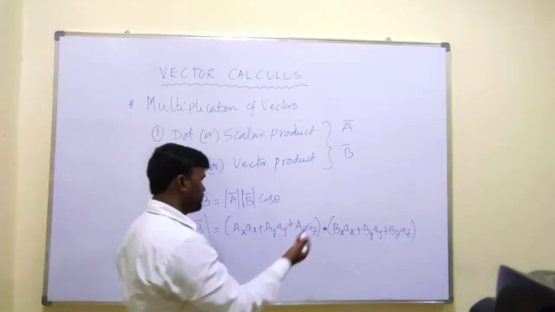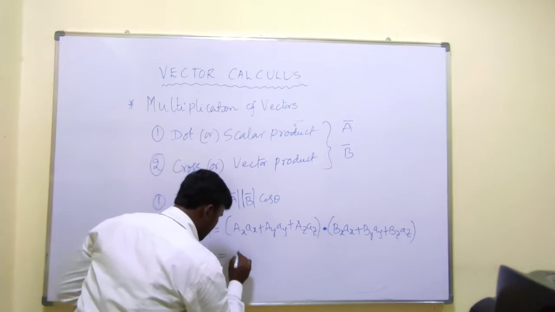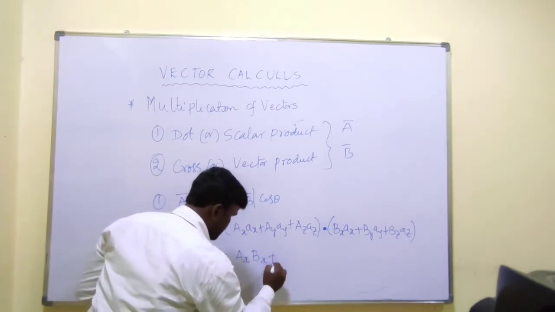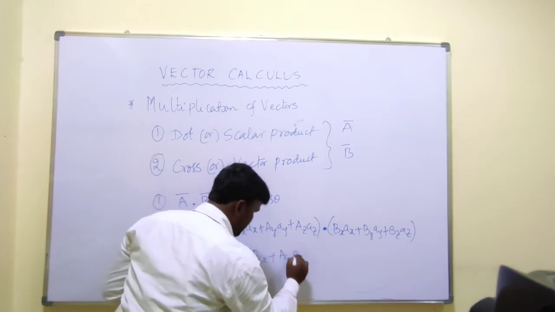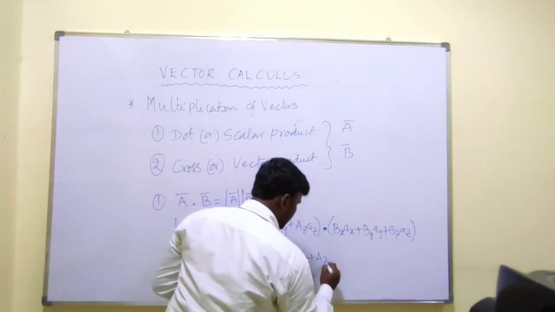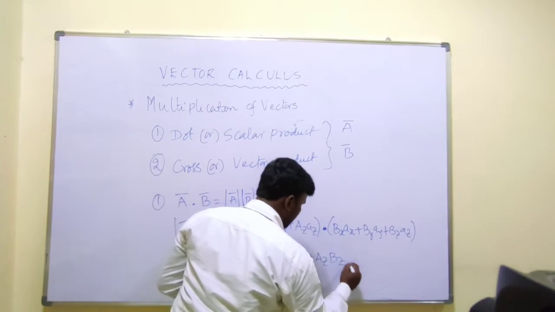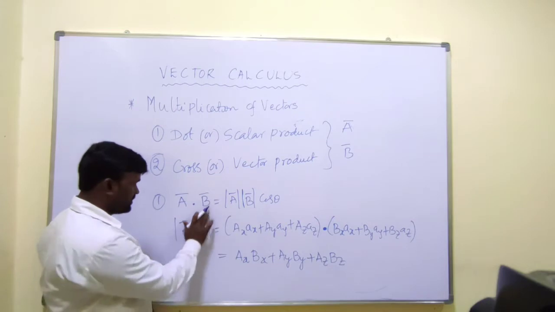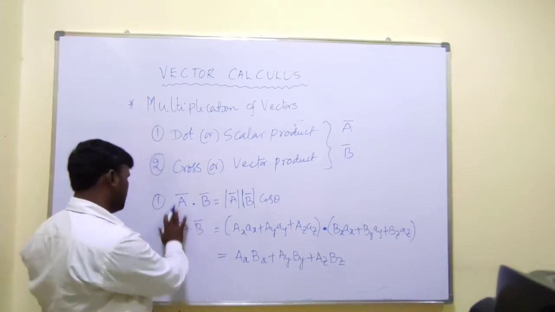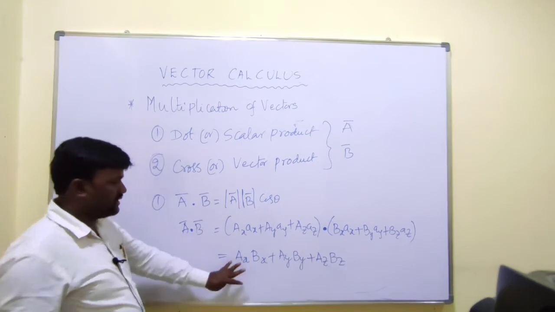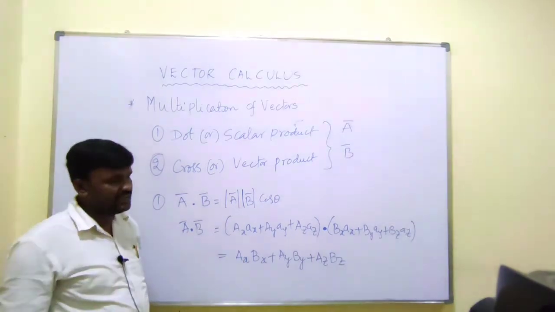If you simplify this, you will get AX BX plus AY BY plus AZ BZ. Here, for the individual vectors, it is not mod, A bar dot B bar, simple thing. AX BX plus AY BY plus AZ BZ.